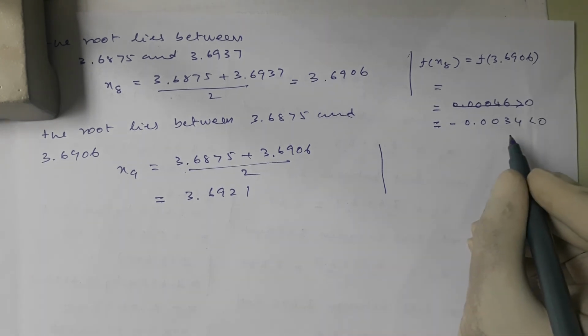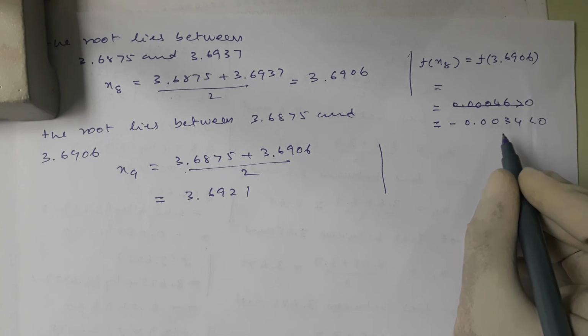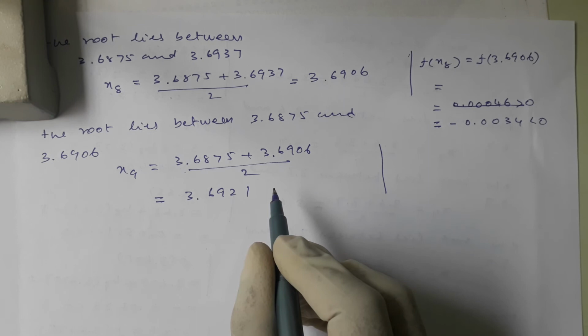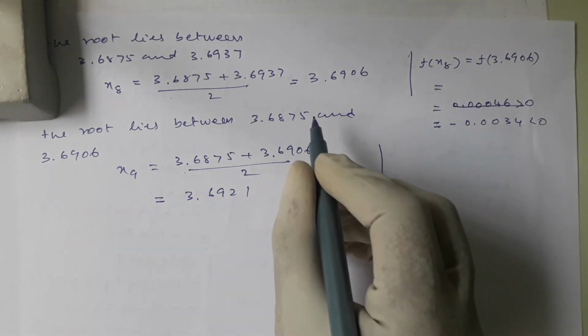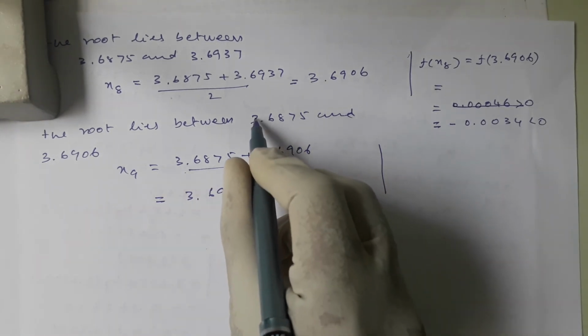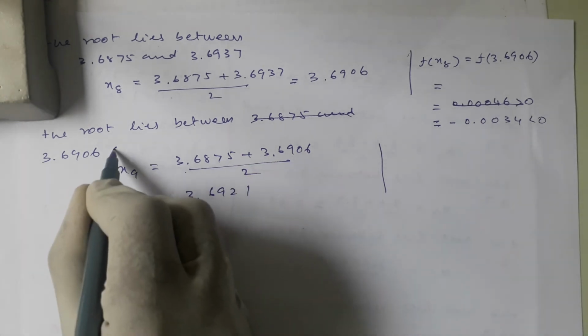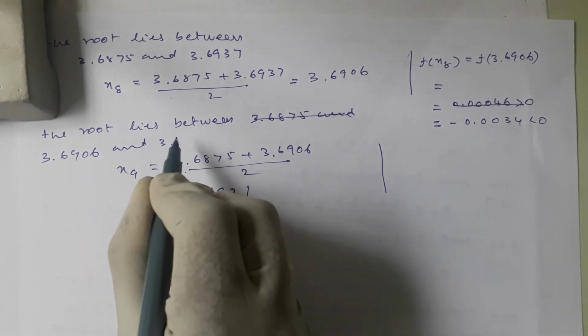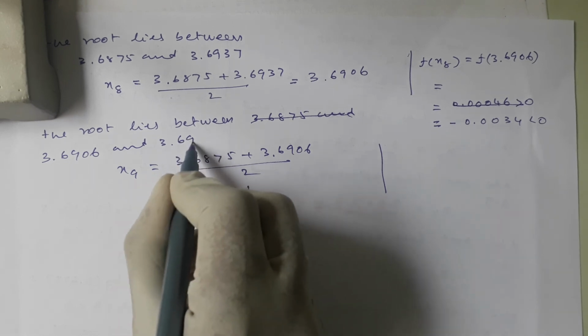As it is less than 0, the next root lies between 3.6906 and 3.6937.